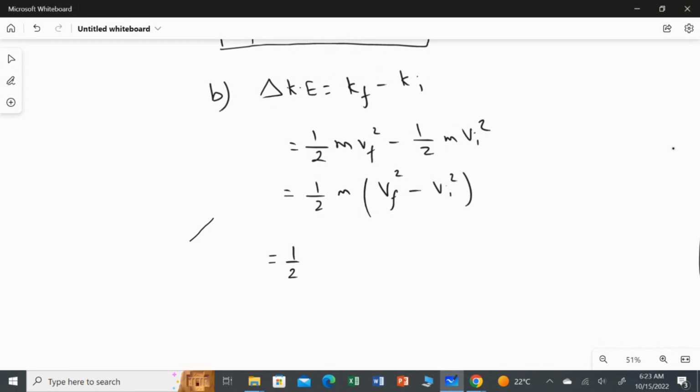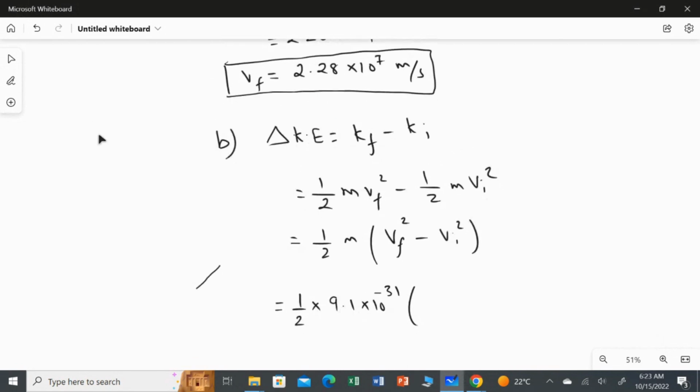Half, the mass of the electron is 9.1 multiplied by 10 to the power of minus 31, and just before we found the value of the final speed, which is 2.28 multiplied by 10 to the power 7, square, minus the initial speed 1.4 multiplied by 10 to the power of 7, square. So if you get confused, better put a small bracket.